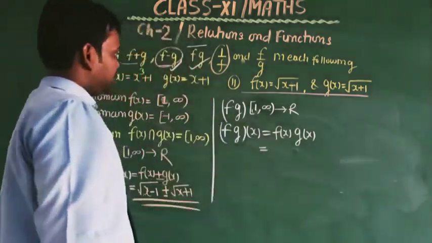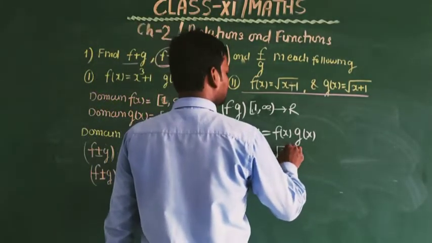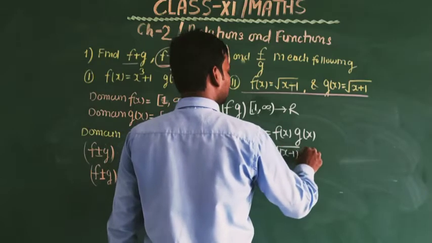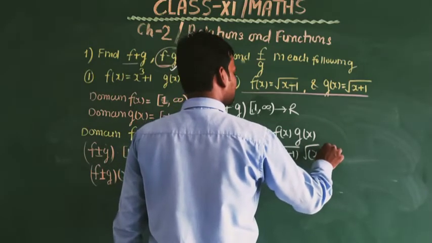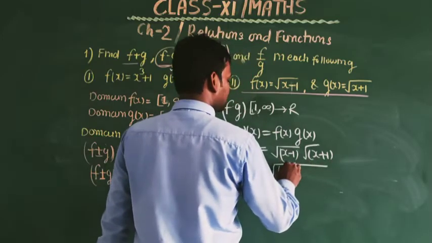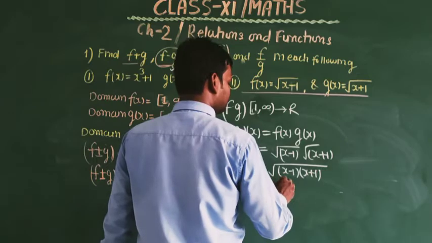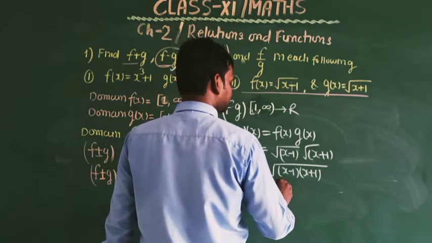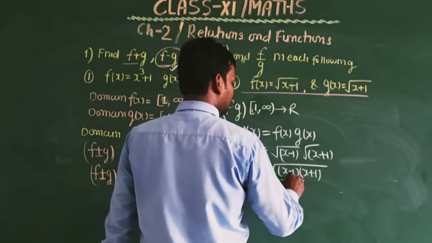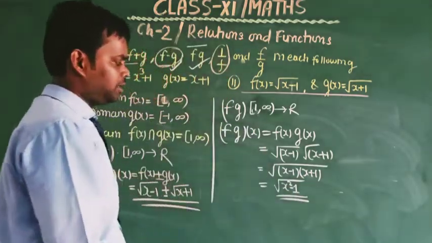So fx is square root x minus 1, times square root x plus 1, which is written as x minus 1 times x plus 1, equal to x square minus 1.